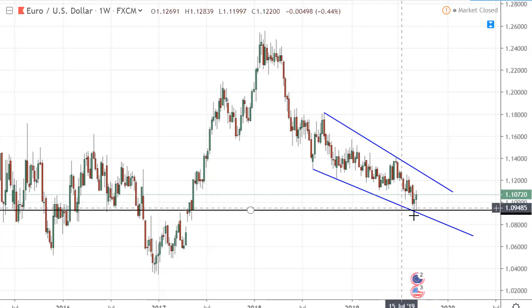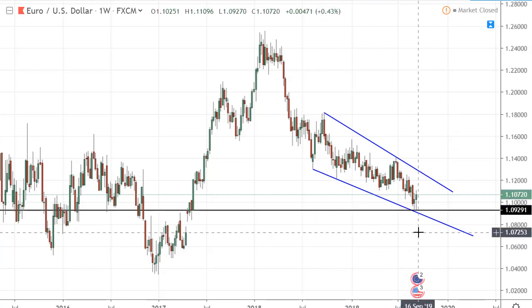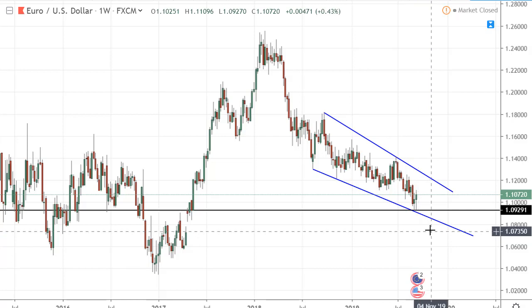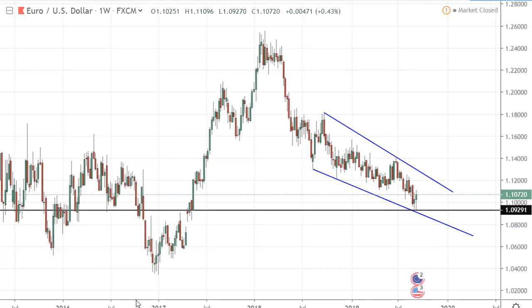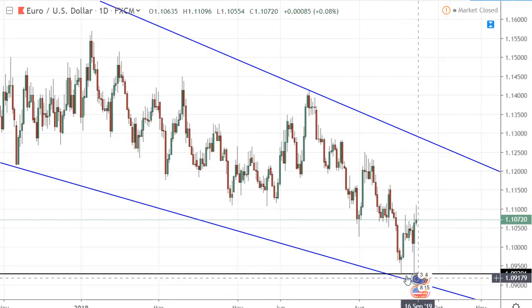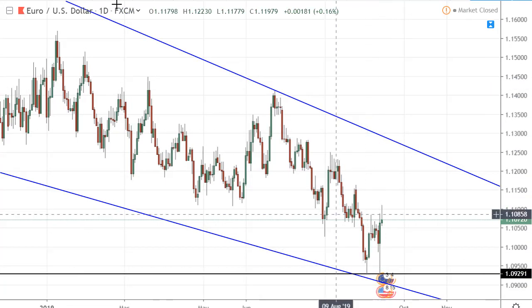So price is reacting because of the horizontal line, and price is also reacting because of the lower downward trend line. That being said, let's zoom in. What do we see on the daily chart? On the daily chart we do see a double bottom kind of formation, as well as this pin bar.